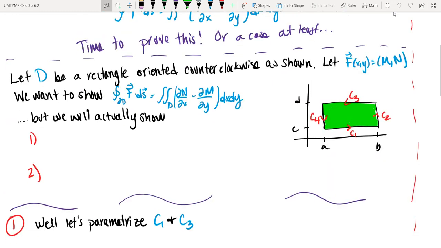So now what we have to show is that the vector line integral over the boundary is the same as the double integral. To do that, we're going to show two things.